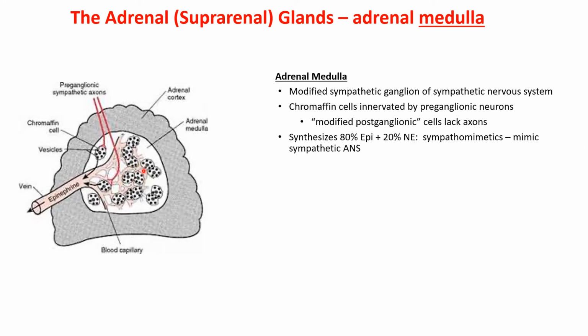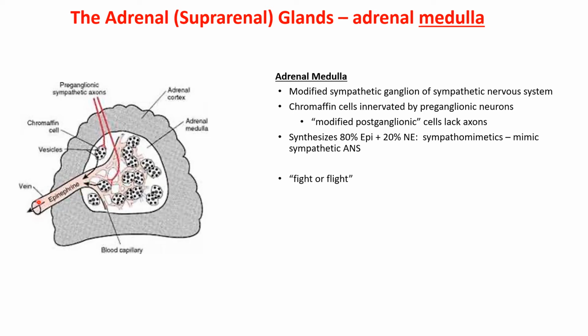So they're going to be making epinephrine and norepinephrine. And primarily, they're making epinephrine. About 80% of what they make is epinephrine. These are called sympathomimetics. They're basically mimicking what's going on in the rest of the sympathetic nervous system, and getting that fight or flight action going.